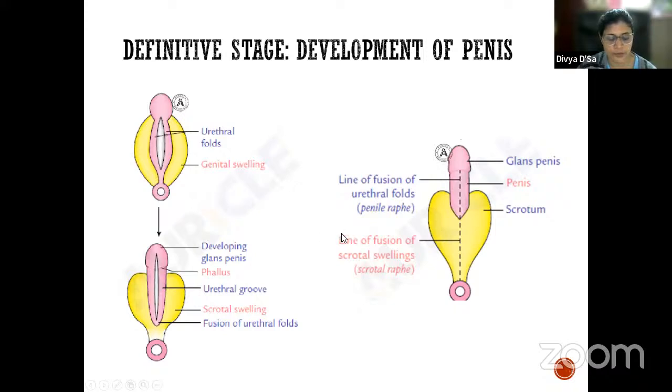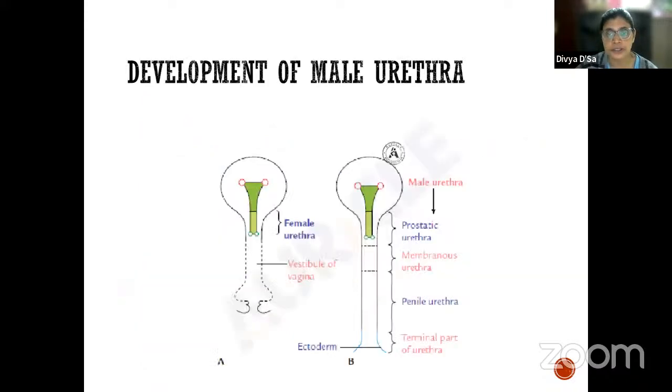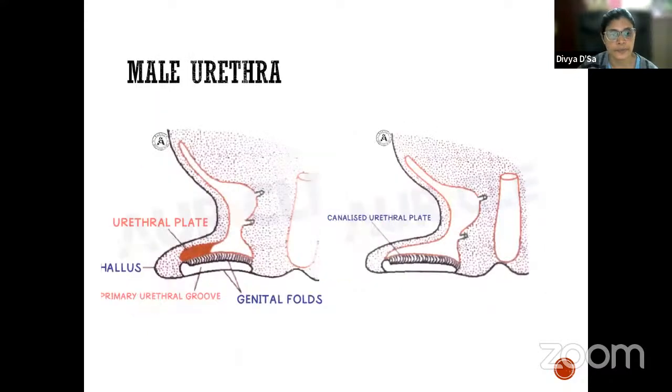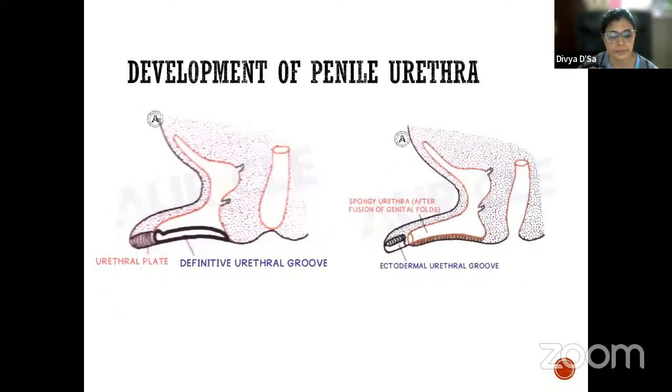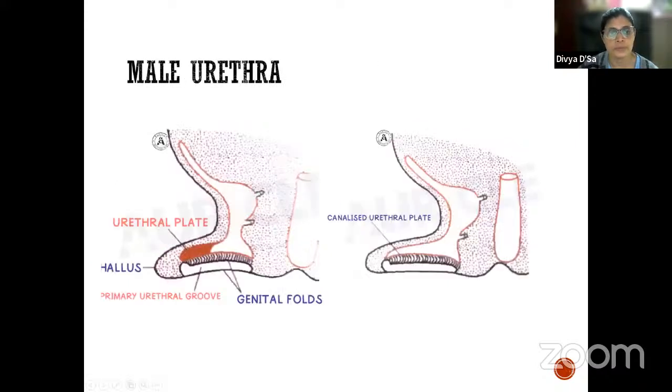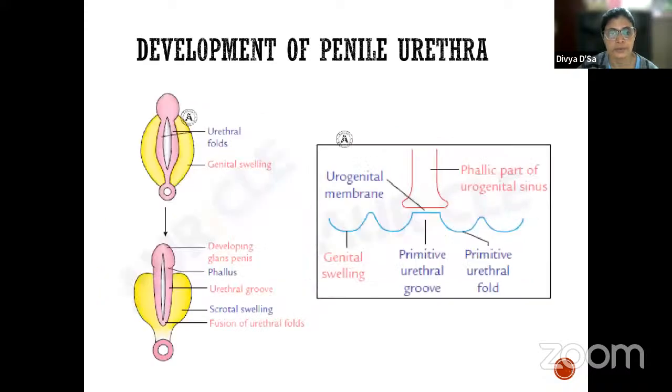So the phallic part of the urogenital sinus also extends up to the base of the developing glans penis. This is the phallic part of the urogenital sinus, so that also will extend.